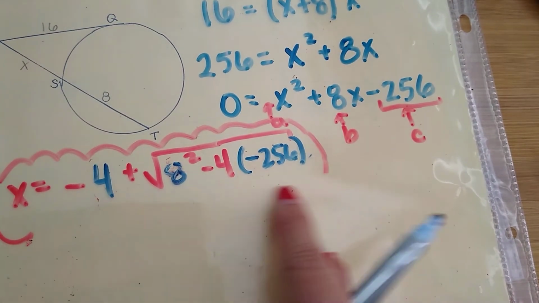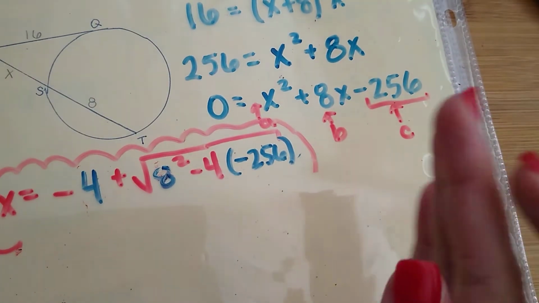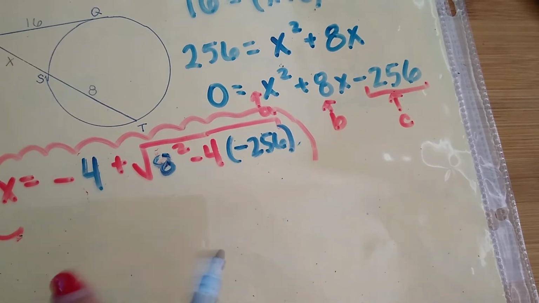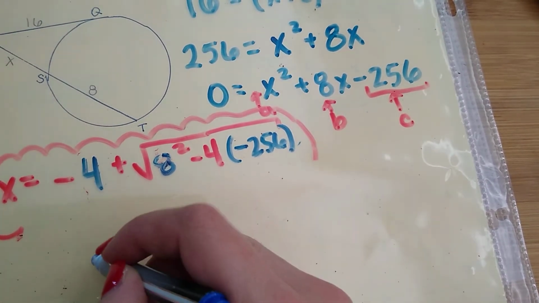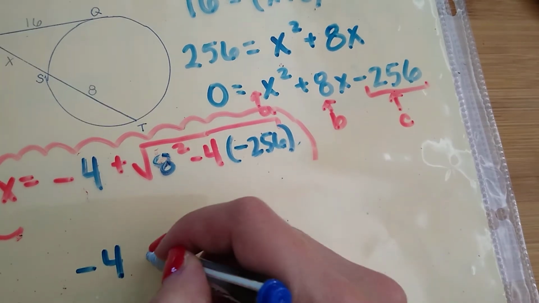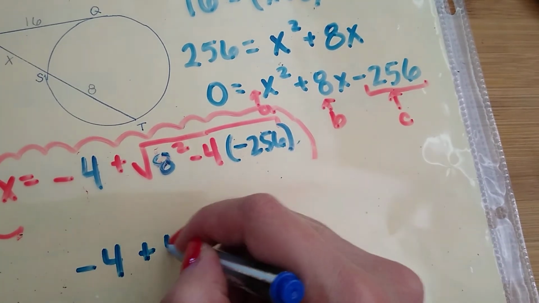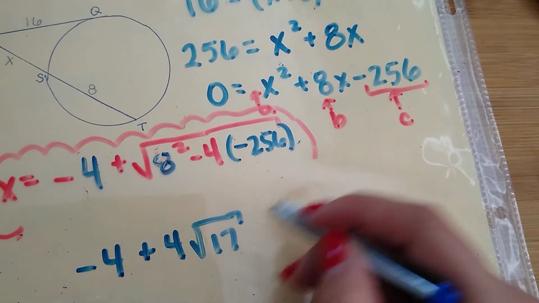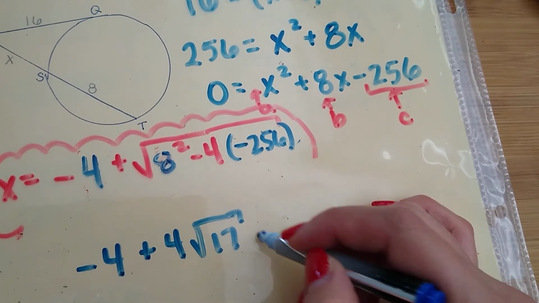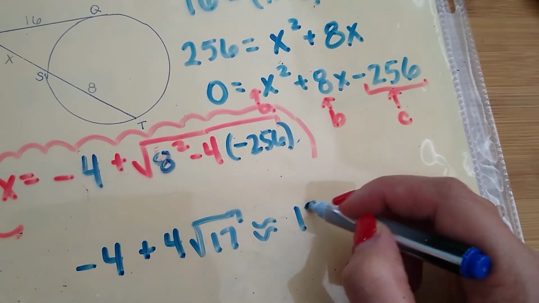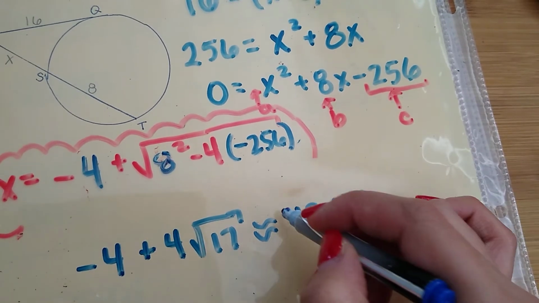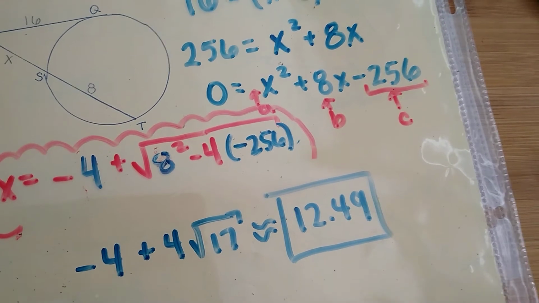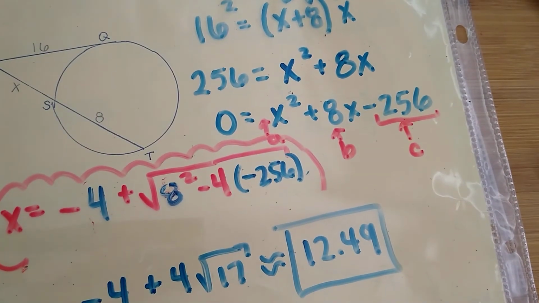I did notice that a lot of your calculators are able to let you plug in whatever you want directly. Just make sure you press the shift mode first. And then I'm going to be left with negative 4 plus 4 square root of 17. And then when I change this into a decimal, I'm going to get about 12.49. And that is my x. All I had to do was solve for x.